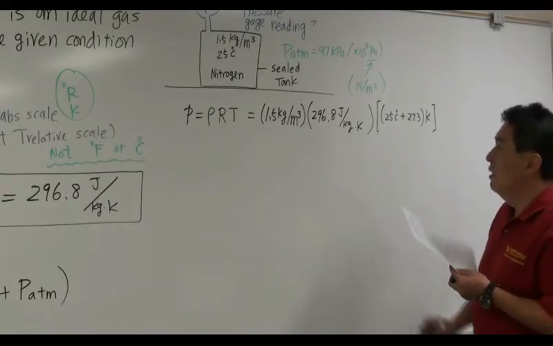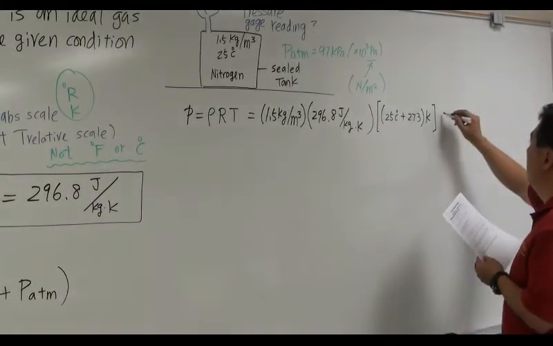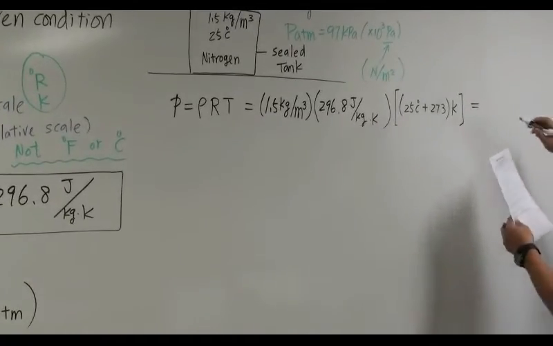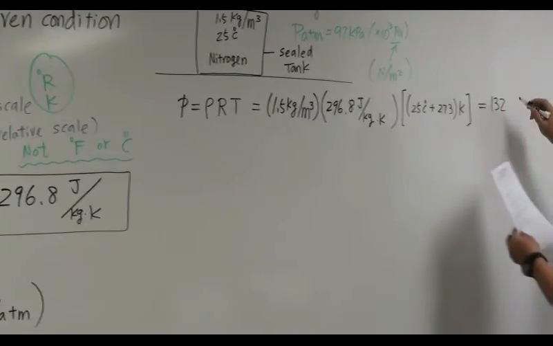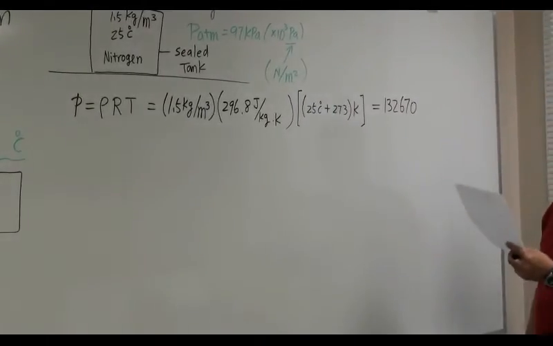Okay. So you pick up your calculator, punch those numbers in. The number you get is 132,670. It's a pretty big value.